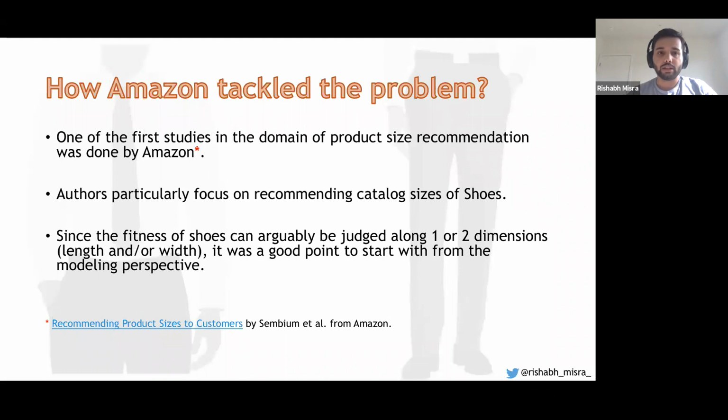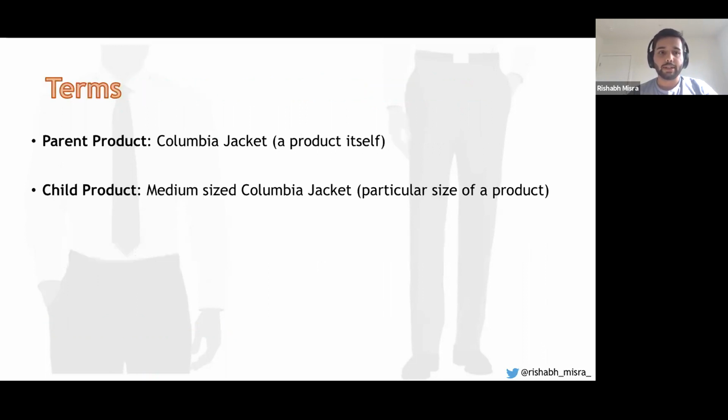Now we can start talking about how this paper from Amazon tried to solve this problem. It was one of the first studies, and they did it for shoe products. I think it was good because the fitness of shoes can be judged along one or two dimensions, length or width. So it was a good point to start with from a modeling perspective.